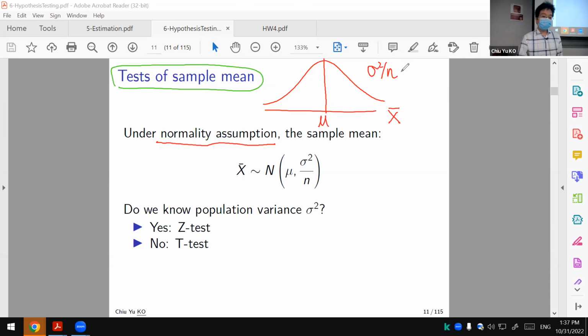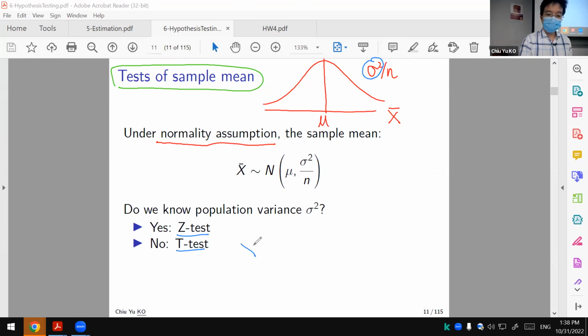So the only thing that you need to worry about is whether we know sigma square or not. As you would be thinking from the last topic, whether you know this will decide whether this is a Z or a T, right?